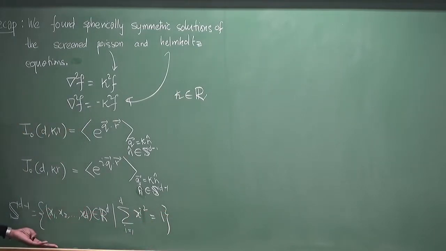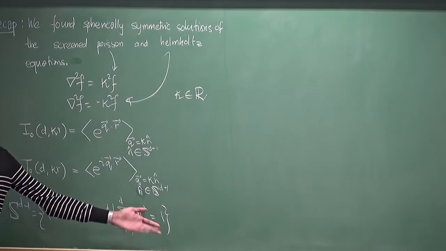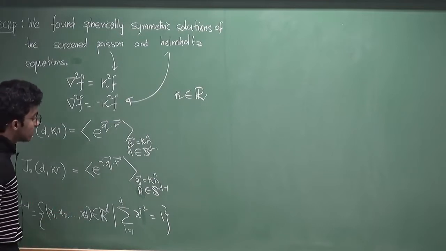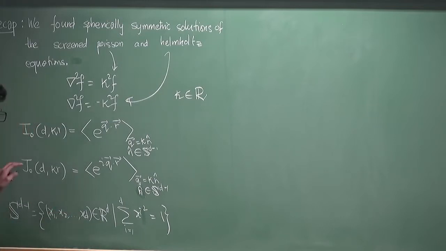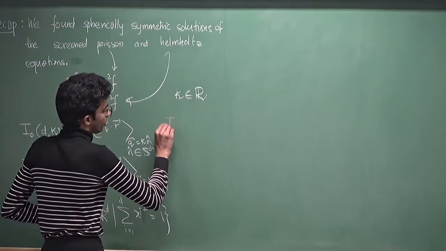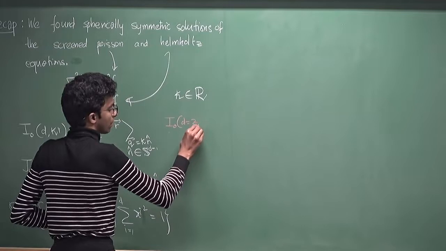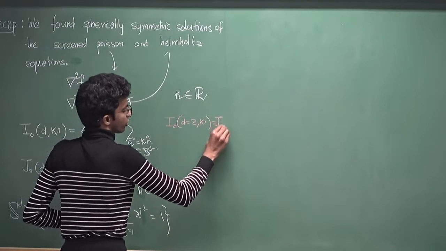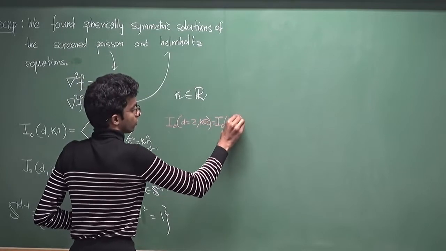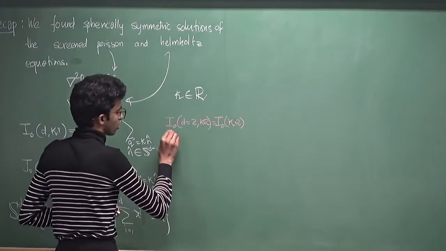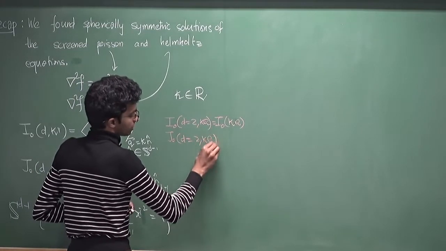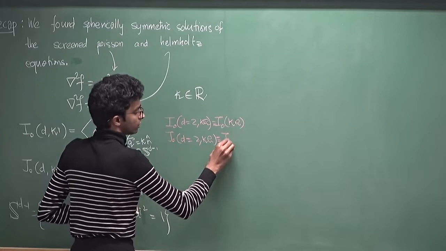In d equal to 2 that gives you the circle, which is x squared plus y squared equal to 1. And d equal to 3 gives you the sphere, and so on. And just for completeness, let me write down that I naught of d equal to 2, kappa r, is what people usually call capital I naught of kappa r. Let me use rho for 2 dimensions. Similarly, J naught of d equal to 2, kappa rho, is what people usually call J naught of kappa rho.